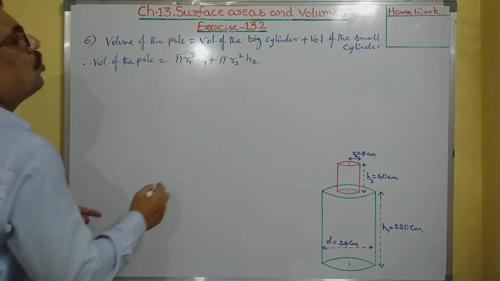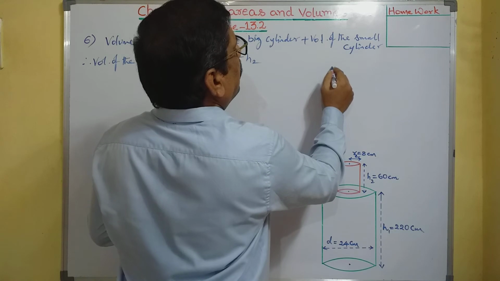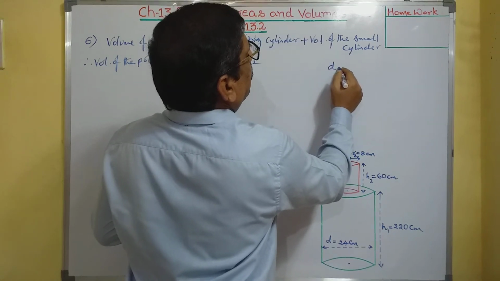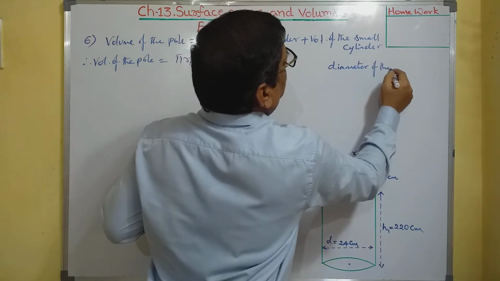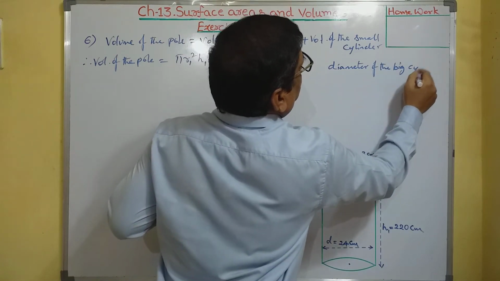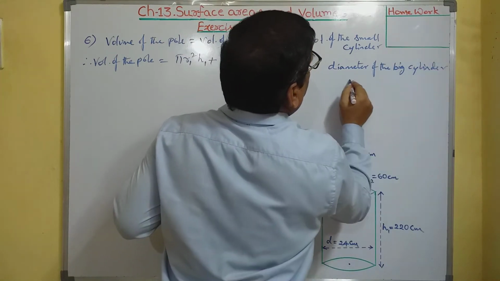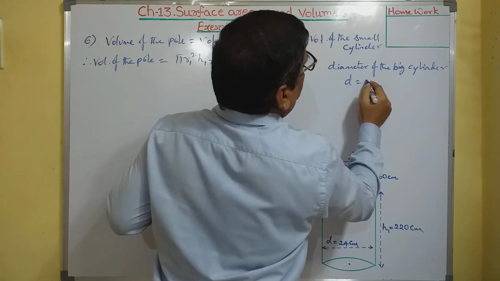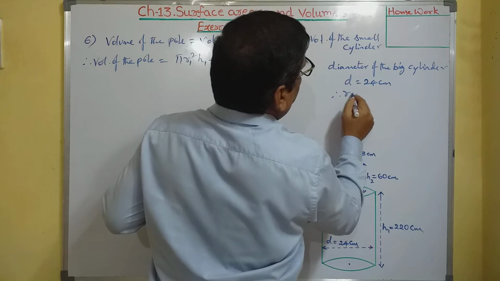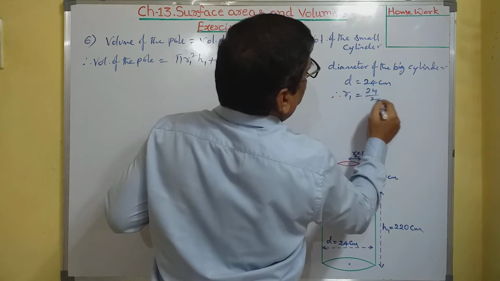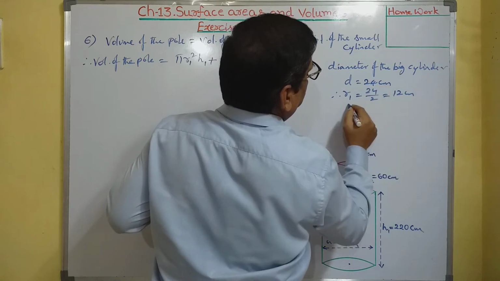So what is the diameter given of the big cylinder? D is 24 centimeters. Therefore R1 is equal to 24 by 2, which is 12 centimeters.